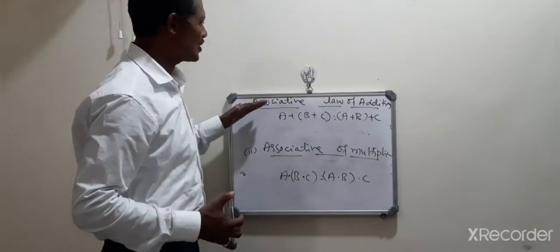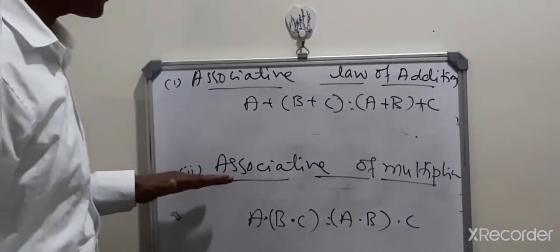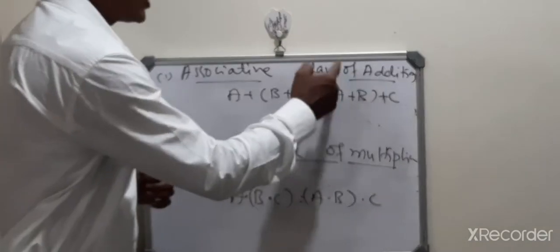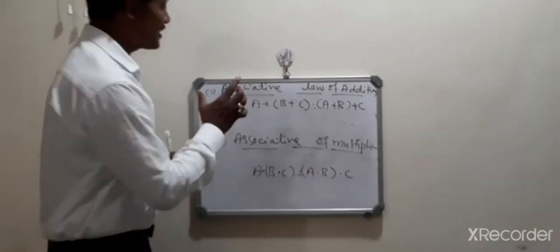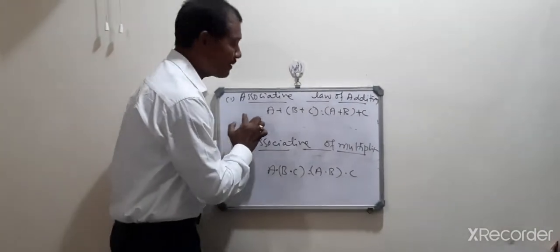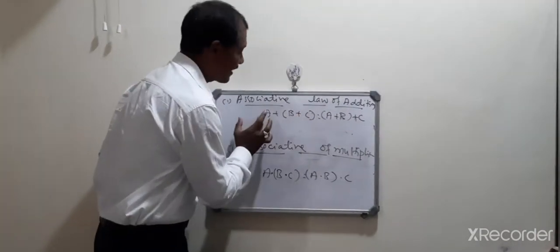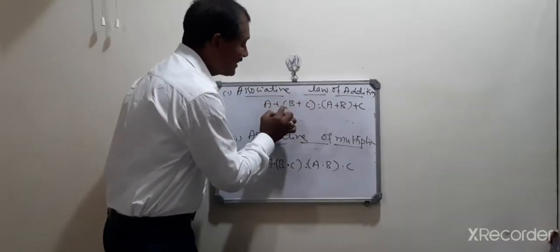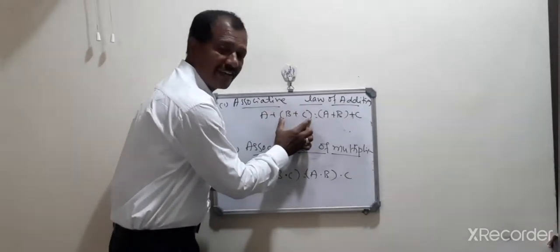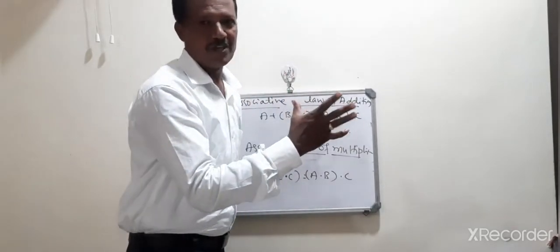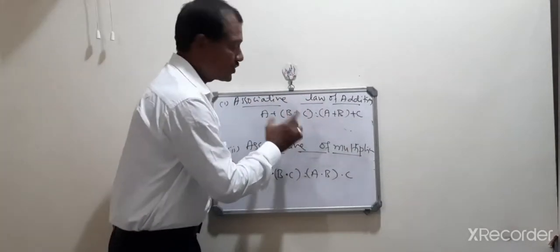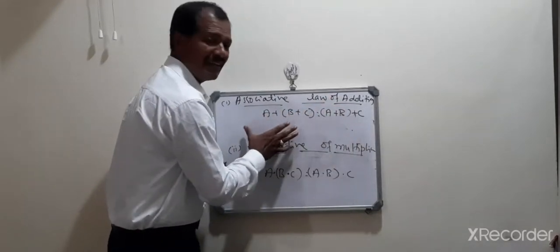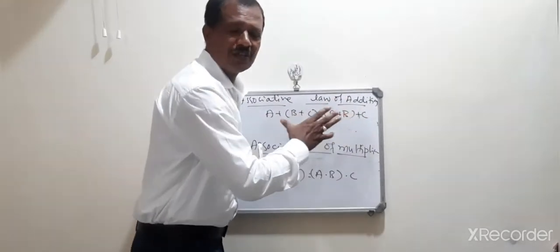So what does the associative law of addition state? If several variables are ORed, regardless of the grouping of the variables, the result is the same. You can group any variables, and it doesn't make any difference to the result.